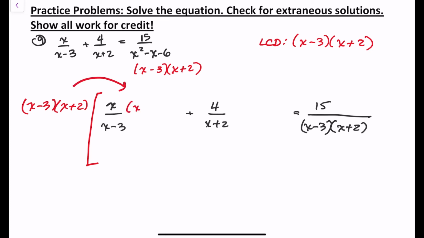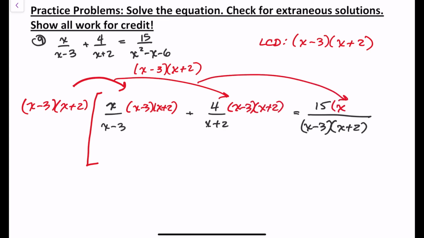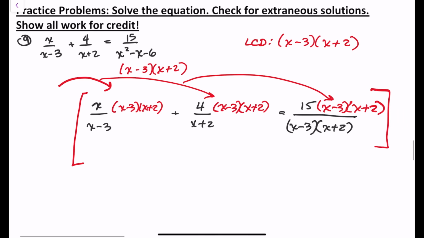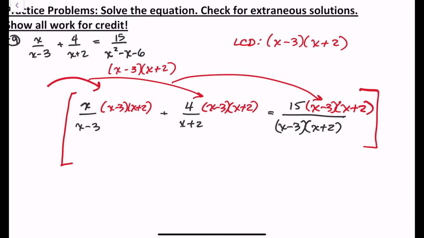And then let's distribute. So we're going to put x minus 3 times x plus 2, x minus 3 times x plus 2, x minus 3 times x plus 2. I just skipped a step of rewriting it a second time. And now we can simplify our common factors.